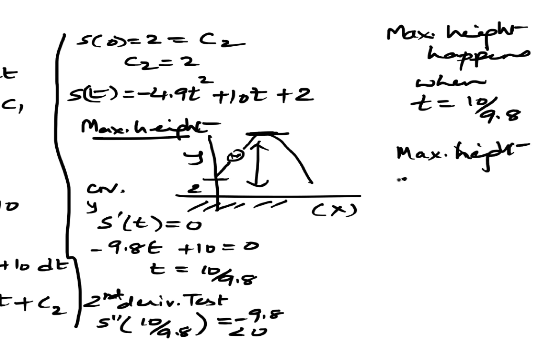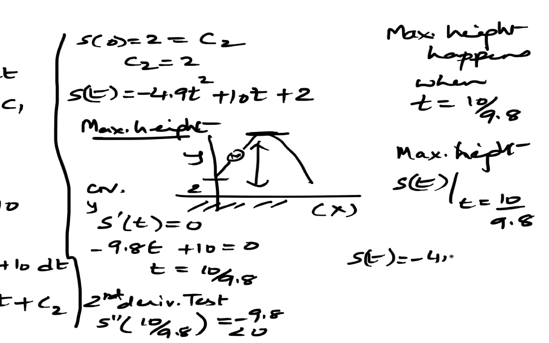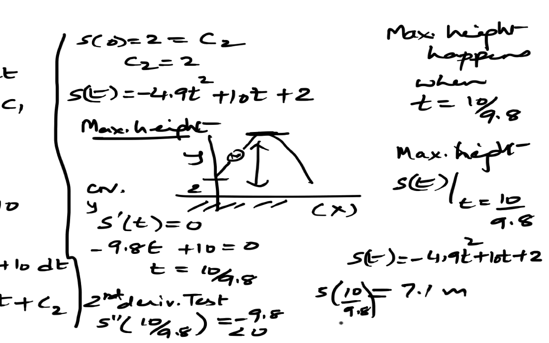The maximum height is S of t evaluated at t equals 10 over 9.8. Now recall that S of t is minus 4.9 t squared plus 10t plus 2. So when you plug in t given by 10 over 9.8, S is roughly around 7.1 meters.